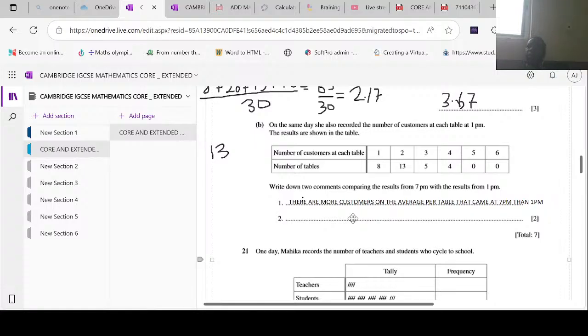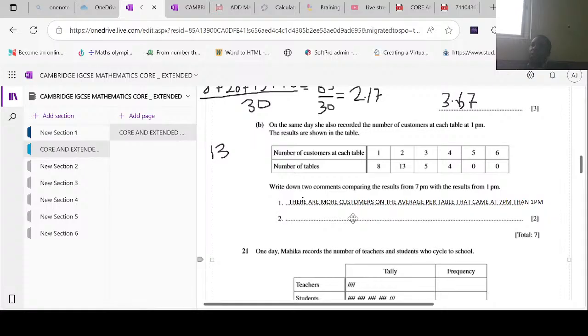Remember, the score here is the number of customers. That's why there are more customers. In this sense, the range has to do with consistency.